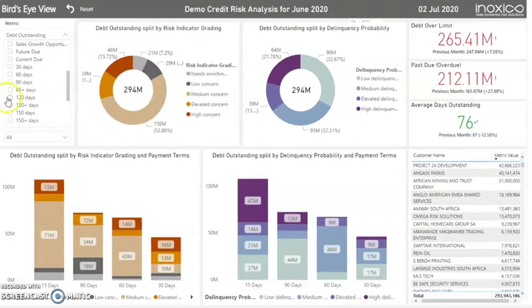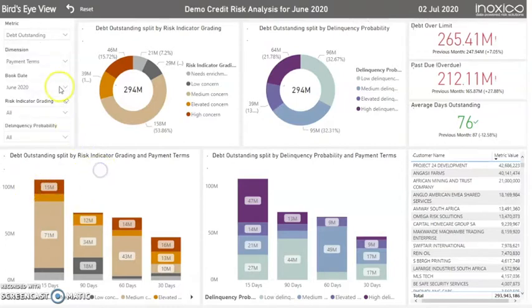So if you selected your 120 days, you would then be able to view of the debtors that make up your 120-day exposure, which of those debtors are low, medium, and high risk. So when it came to provisioning or forecasting, one can say 8 out of the 20 debtors that make up my 120-day exposure are of a high risk nature, therefore I will provide 100%. But 7 of them are low risk, so therefore I may just provide 10 or 20%. So this gives you that granular insight into the book.